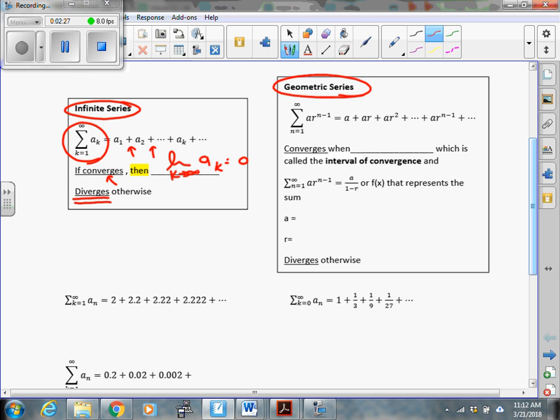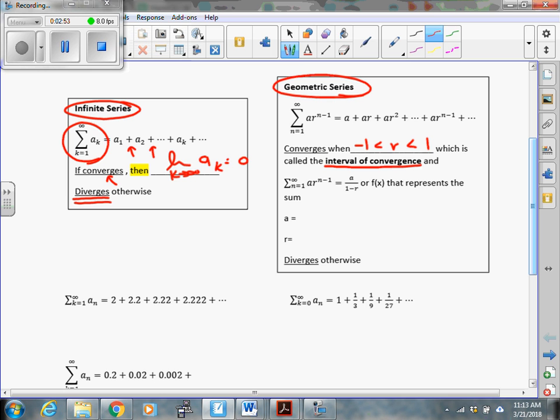So if you establish it's a geometric series, we can tell it converges if the R value is between -1 and 1. This is considered our interval of convergence. In other words, it's the values of R that allow it to converge.